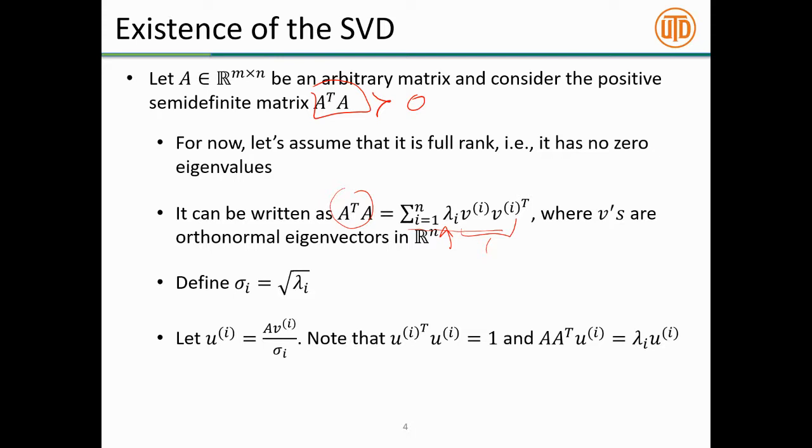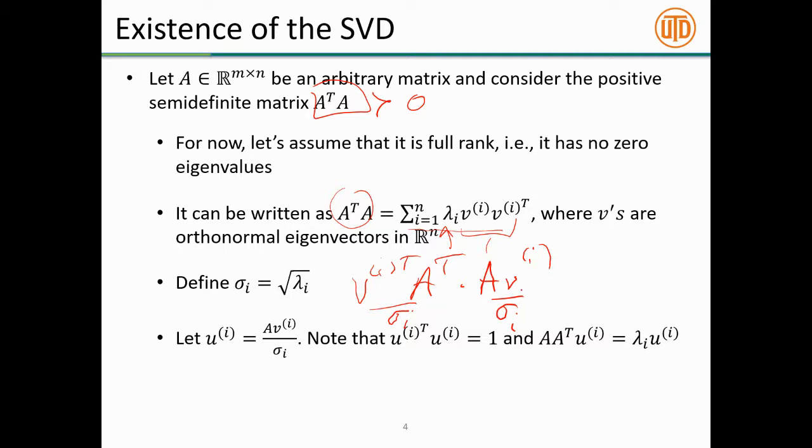There are a couple of things we can check about this definition for U. The first is that U_i transpose U_i is equal to 1. So let's check that first. U_i transpose is equal to V_i transpose A transpose over sigma_i, times A times V_i over sigma_i.